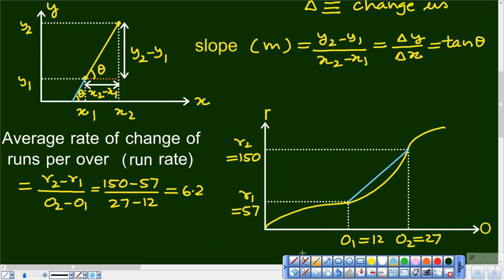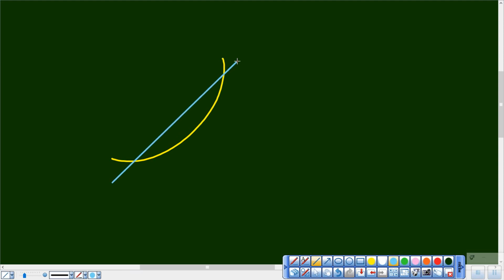What is this line all about? Well, this line is called a secant. Let me draw it separately and show you here. If there is a curve, any curve for that matter, then any line that pierces the curve, which cuts the curve at two different points, is known as a secant.